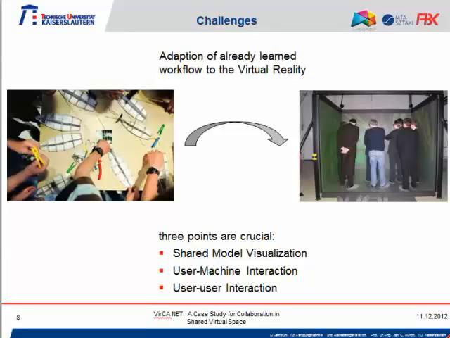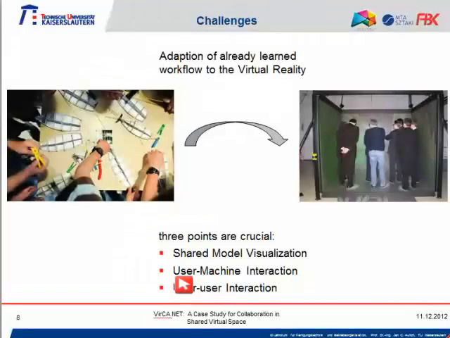Now we try to adapt this already existing workflow, which is already used by the planning participants, and transfer it to virtual reality, to make it possible that even when people and entities are distributed all over the world, they could work on some shared model.